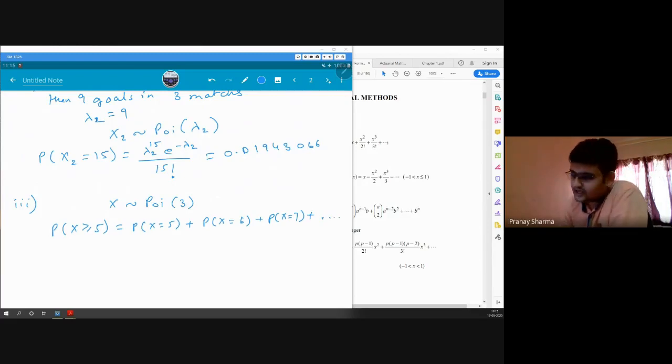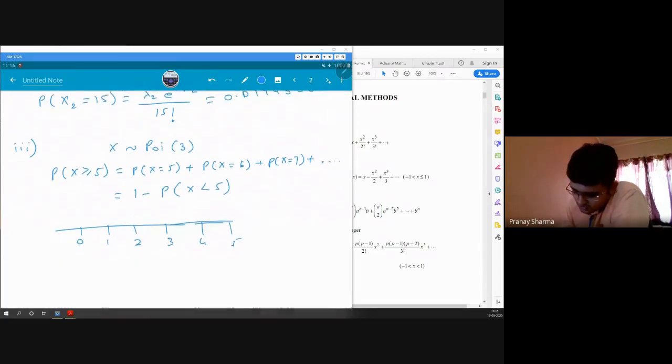Obviously we'll not be adding infinite values, so what we'll do is 1 minus probability X less than 5. Now whenever we have discrete values, remember our values are going to be 0, 1, 2, 3, 4 and 5, right? So there is no value in between.